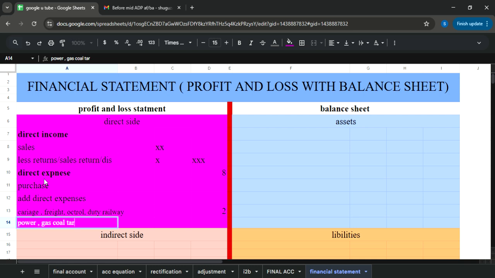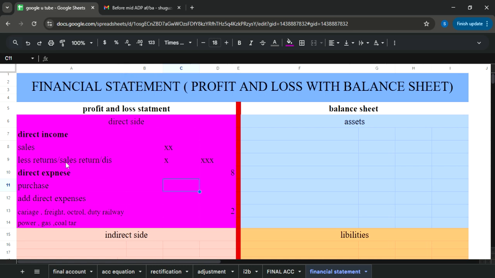By nature, these are different direct expenses. At this stage, we can only write a few of the expenses. It would not be possible to mention all direct expenses. So here we have just created a few examples related to direct expenses.